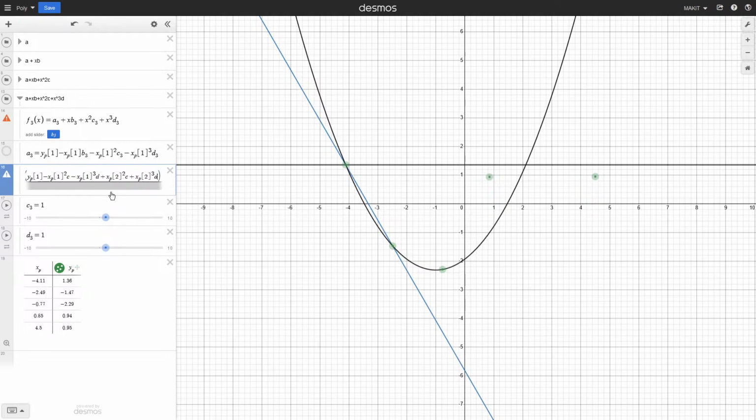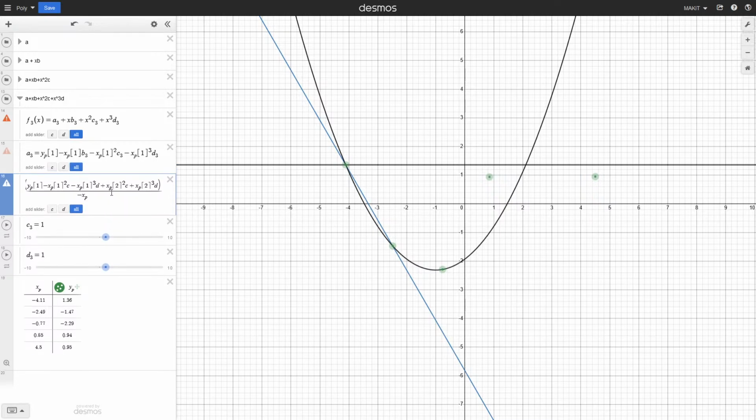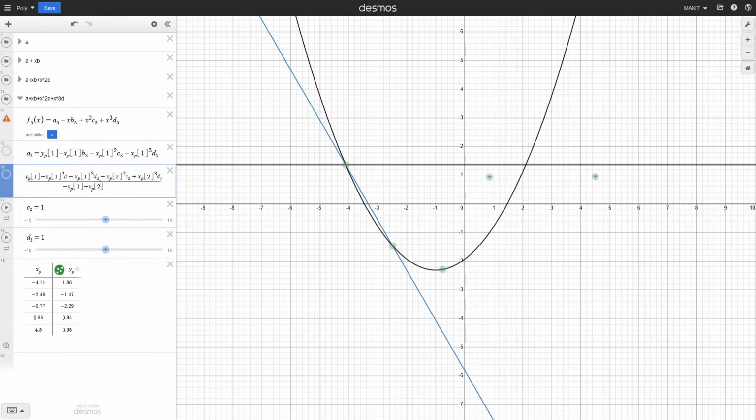Yeah, you can really see the pattern now. And negative x1 plus x2. And obviously there is no d, only there is d3 and there is c3. No d. d3, c3.